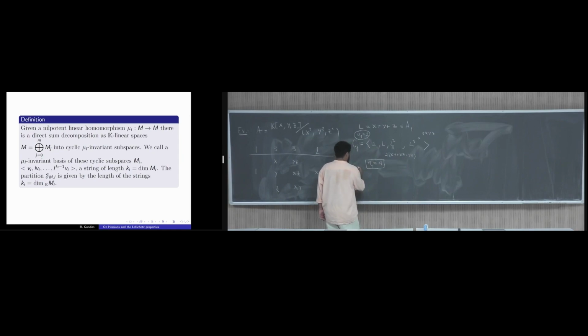Let me compute C2, which is a string not starting in 1. There is nothing in degree 0, it's over in degree 0. But in degree 1, we still have a 2-dimensional space. Let me choose v2 equals x.